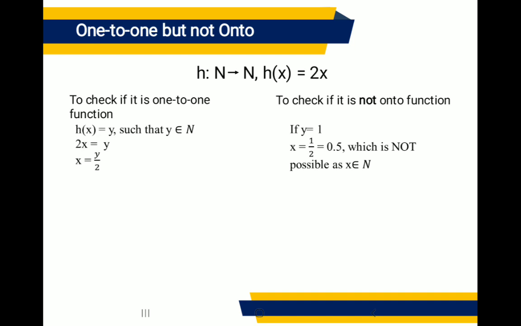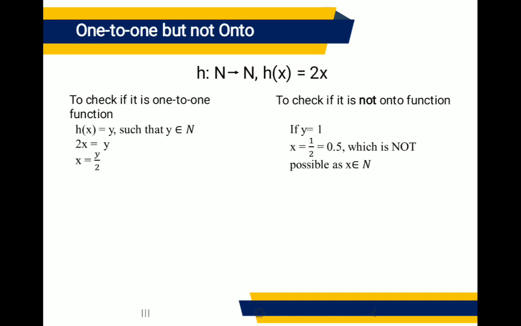So nakita natin yung y is any natural number. So napansin natin na it is one-to-one kasi pwede sa all elements of natural number.